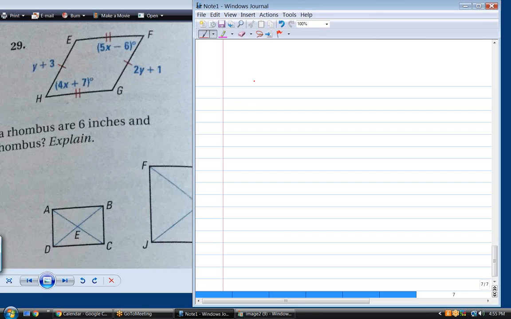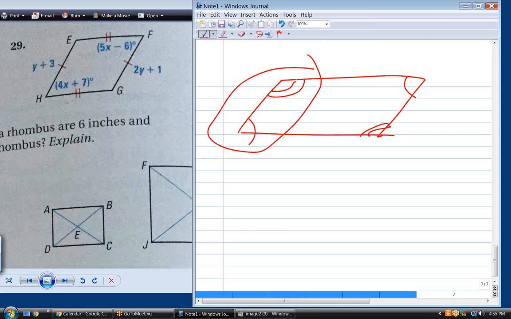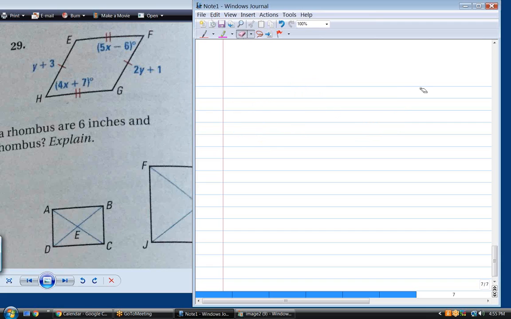Opposite angles are what? If I draw a parallelogram like that. Yeah. This angle is equal to that angle, and this angle is equal to that angle. So opposite angles are equal and adjacent angles are supplementary with all parallelograms. So what equation can I write here?